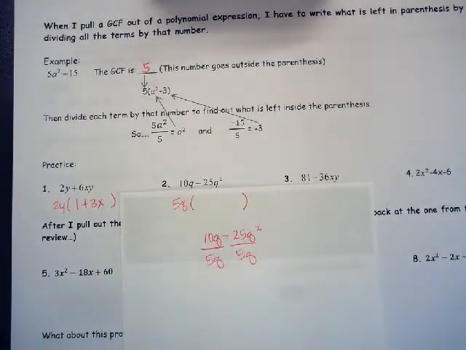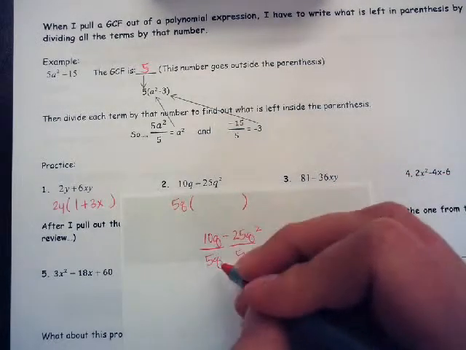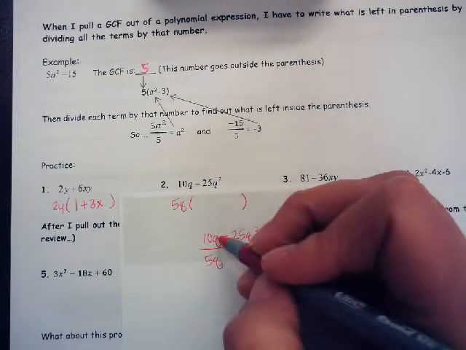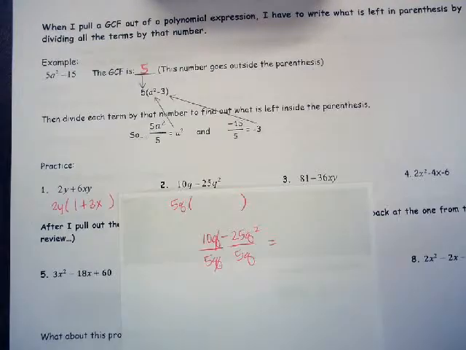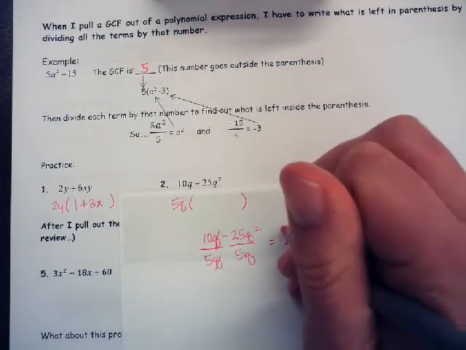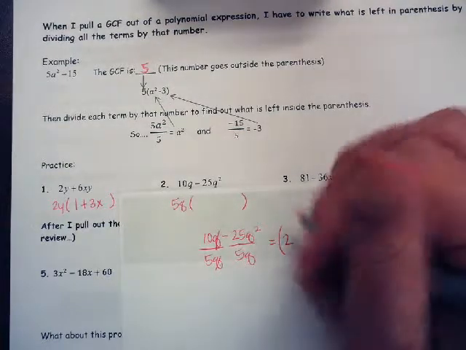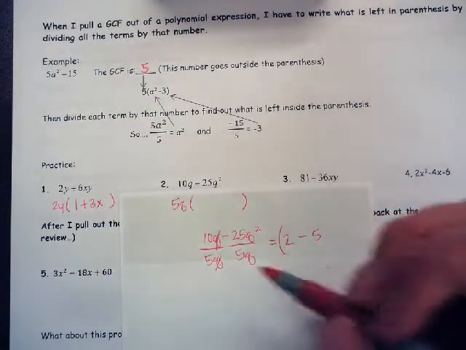Some of you can start doing this in your head pretty fast, but if not, keep doing it like this. So 10q divided by 5q, well, my q's cancel out because I'm multiplying by q on top and dividing by q on bottom. So then I'm left with 10 divided by 5, and that is just 2.